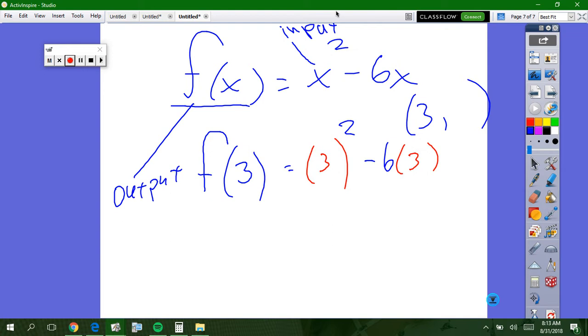When we go to work, however much time we put in tells us how much money we'll get, right? So our cash flow is dependent on how many hours we're working, correct? Anytime you have an independent variable, it is the input. Anytime you have a dependent variable, that's your output.